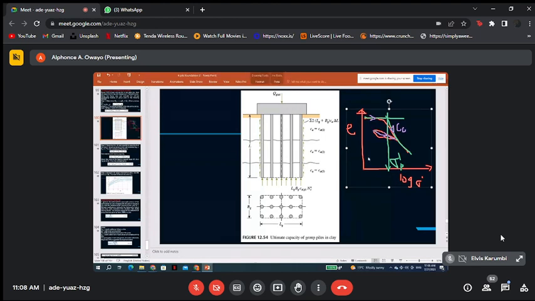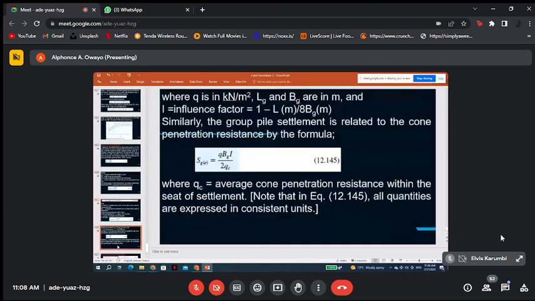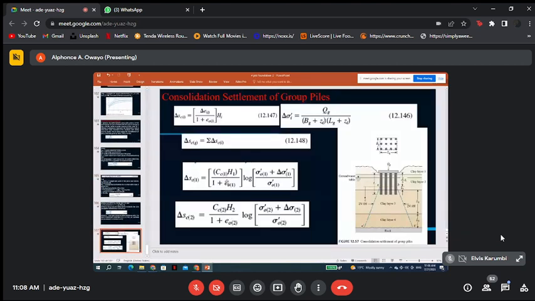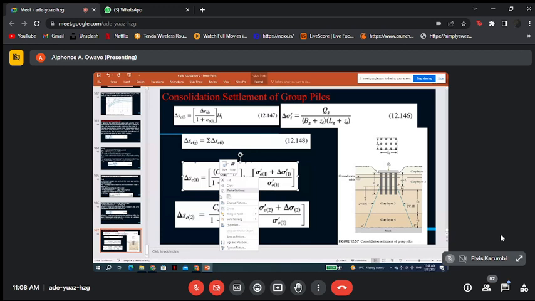Please check this, the issue of over consolidation and normally consolidated soil. We learned that. So here you can also use, depending on the kind of soil. This formula is applicable for normally consolidated clay. Of course, there's more information than that.